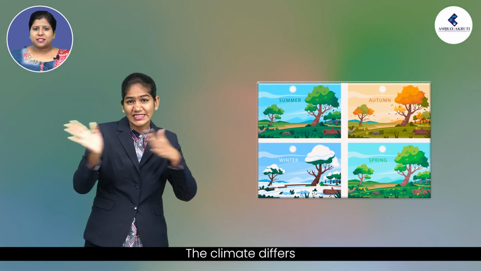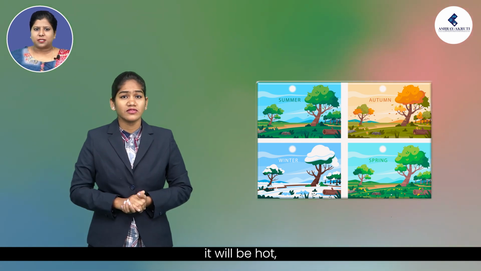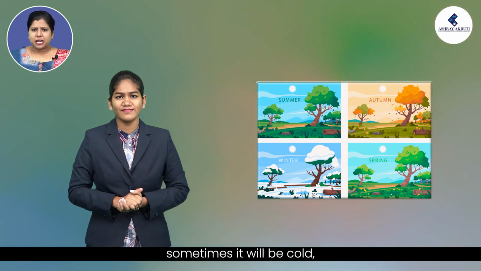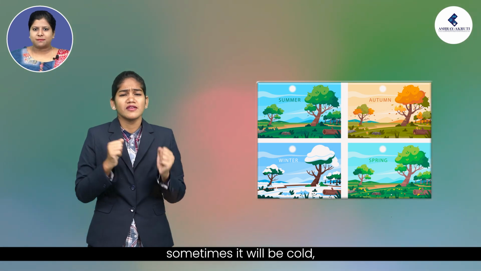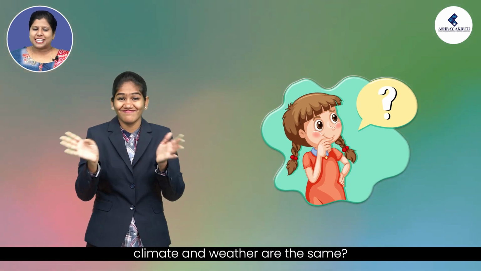The climate differs from place to place. Sometimes it will be hot, sometimes it will be cold, sometimes windy or sometimes rainy. Do you think climate and weather are the same?